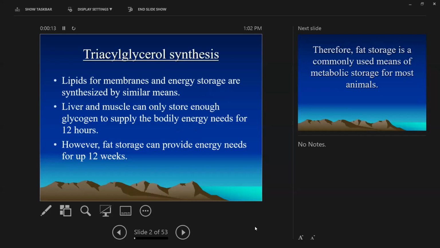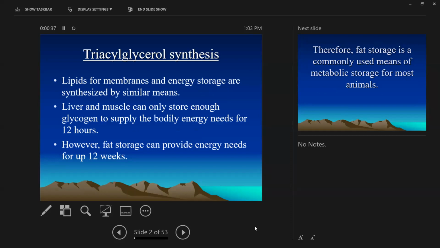Now let's look at the synthesis of lipids from those fatty acids that you've made. So triacylglycerols are a very effective way to store energy. Think about it. They don't need to be hydrated because they're not water soluble. They stick together all on their own.